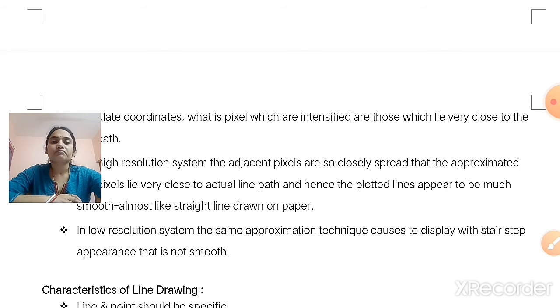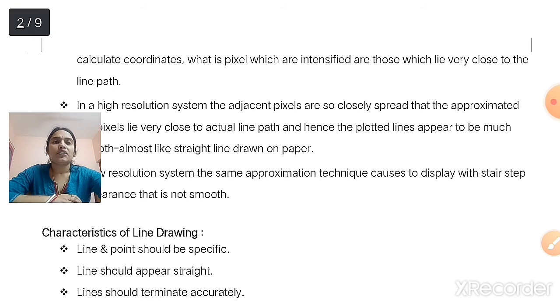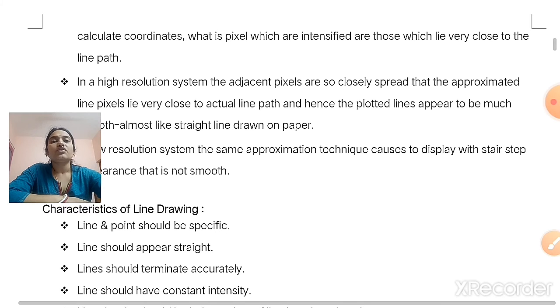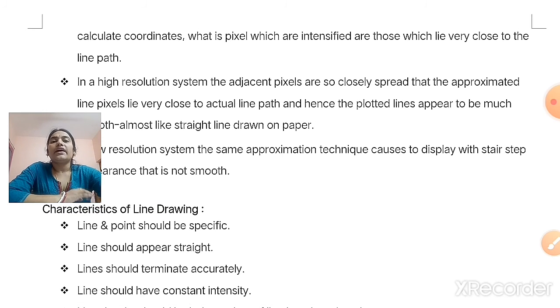Some characteristics must be followed to draw a line, including in the different algorithms we use. First, lines and points should be specific. The line should appear straight. The line should terminate accurately, not be a continuous line.